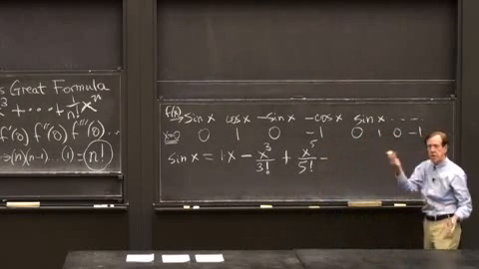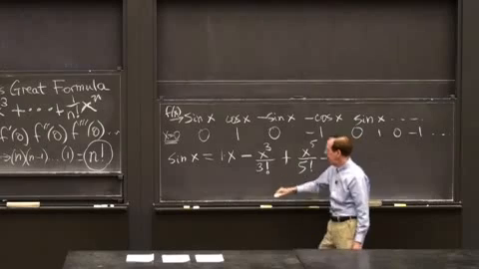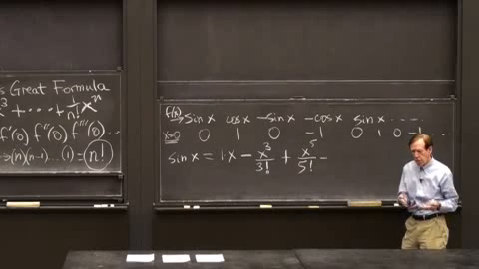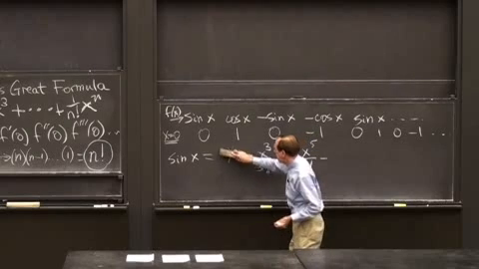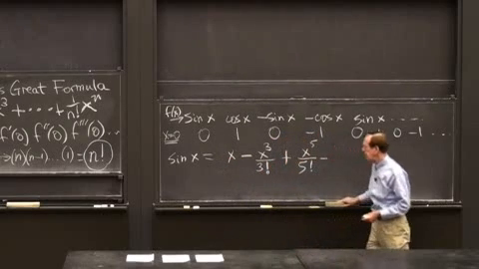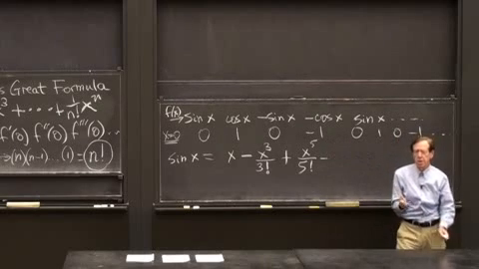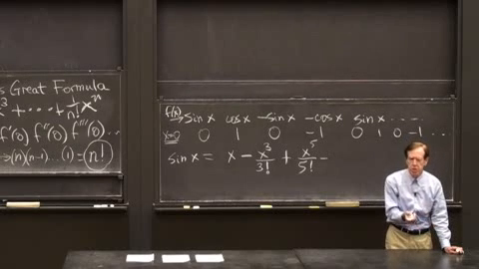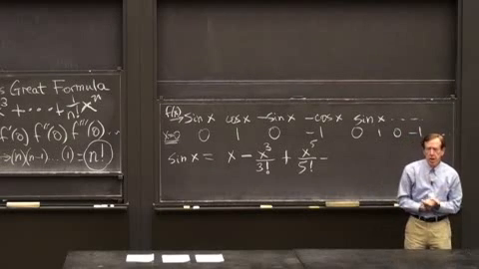Minus an x to the 7th over 7 factorial. We have created the power series around 0, focused on 0, and let me remove that 1 because it's just a waste of space. X minus x cubed, all odd powers, and that's because sine x is an odd function. If I change from x to minus x, everything will change sign.